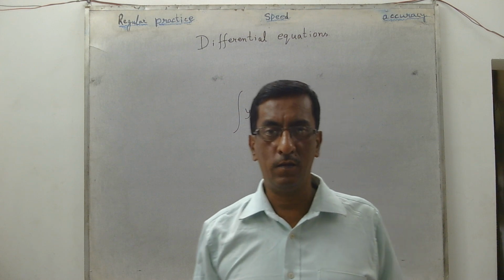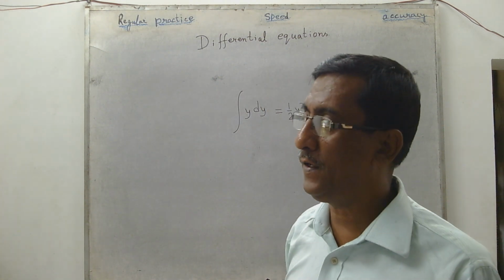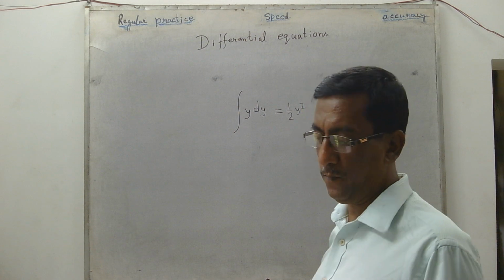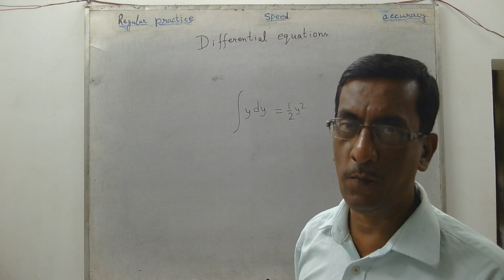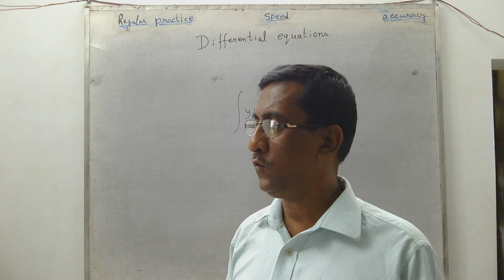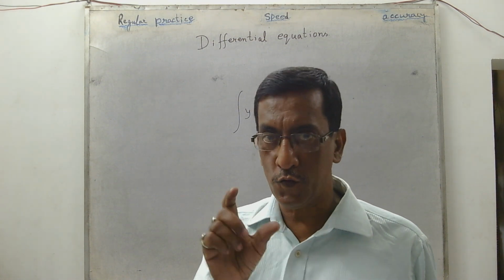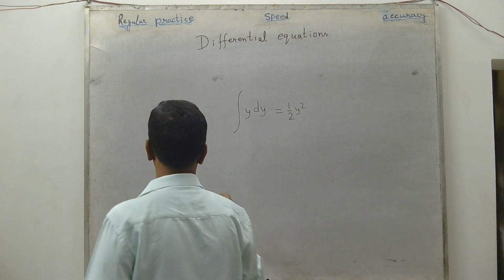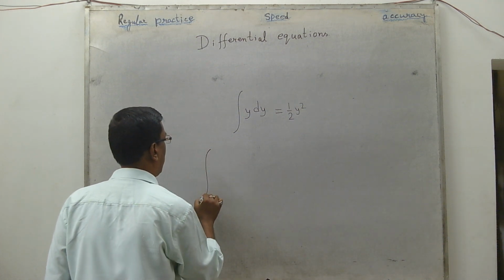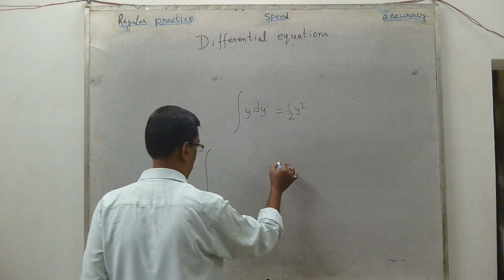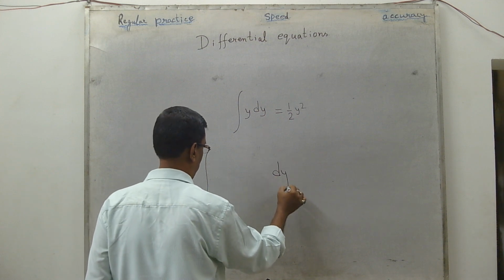Integral y dy is equal to y square by 2, or half y square. So he introduced two terms: this enlarged S and dy.